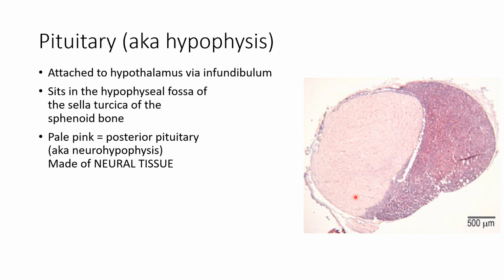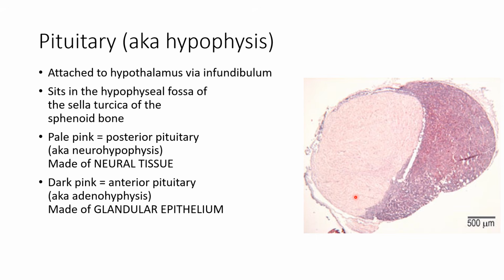So think pale pink, posterior pituitary. That's the neural tissue. The posterior pituitary is almost an extension of the hypothalamus, because nerves that begin in the hypothalamus come down through the infundibulum and create the posterior pituitary.